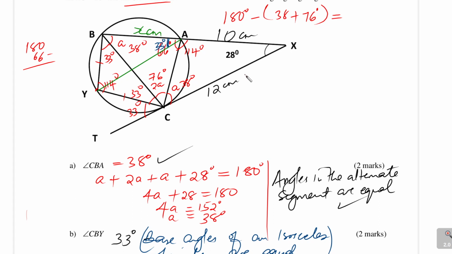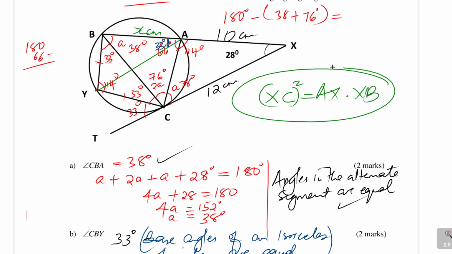The tangent secant property says if we take XC squared, right here, XC squared, that will be given by AX multiplied by XB.